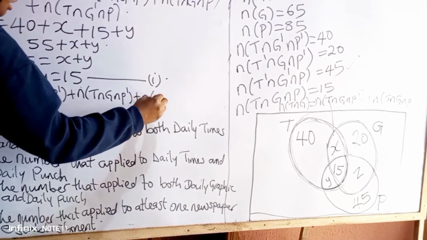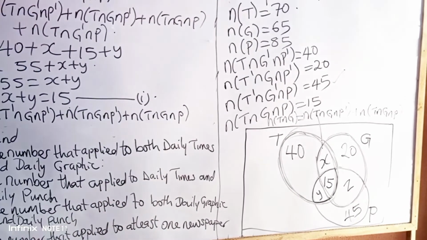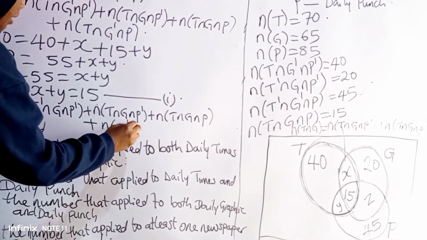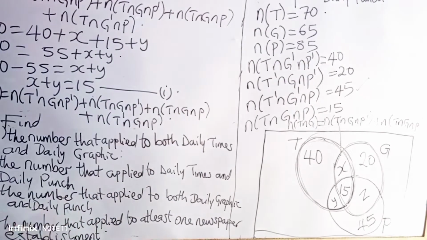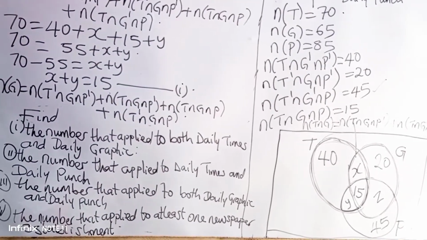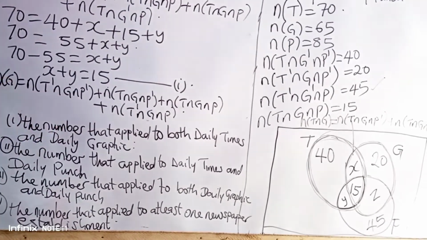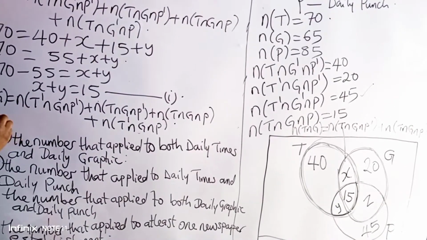then plus cardinality of T. I expect you to be saying it for me. Plus what's the last one? Cardinality T prime, G and P. Now let's represent everything there. So anytime I say cardinality of G, what am I going to put there? 65.